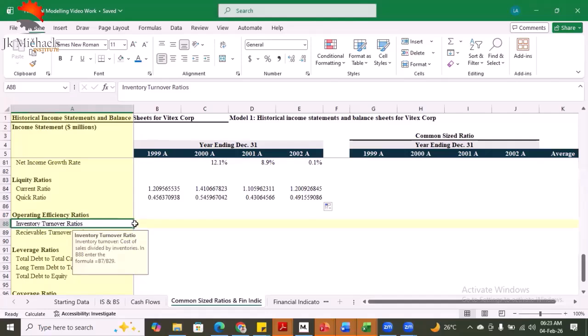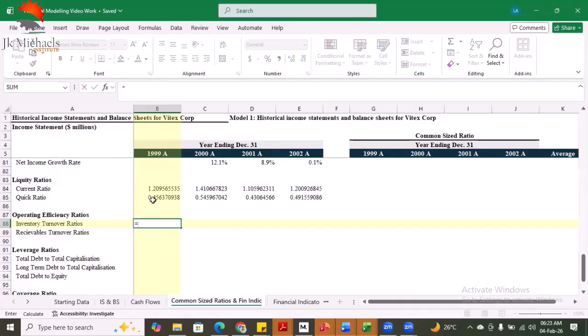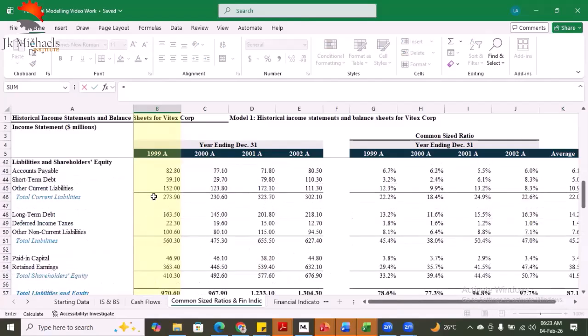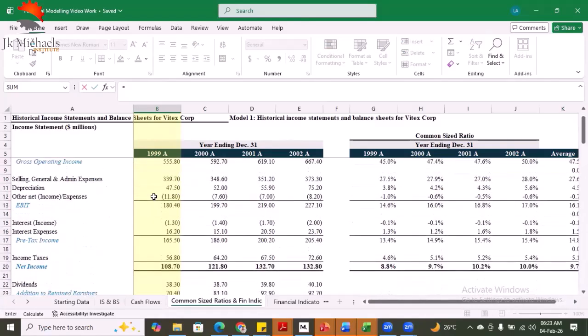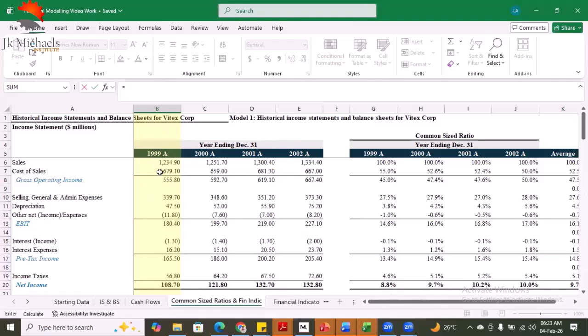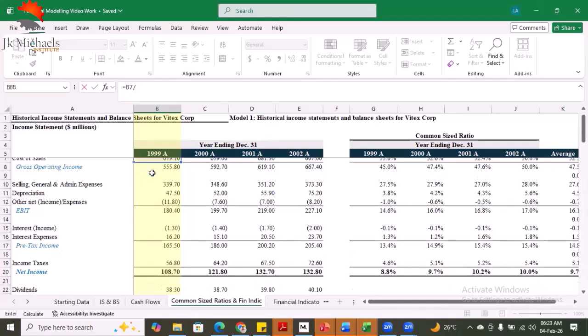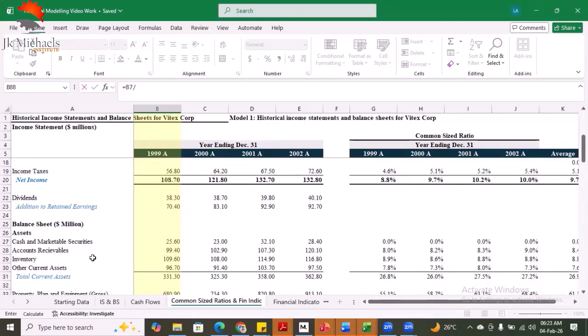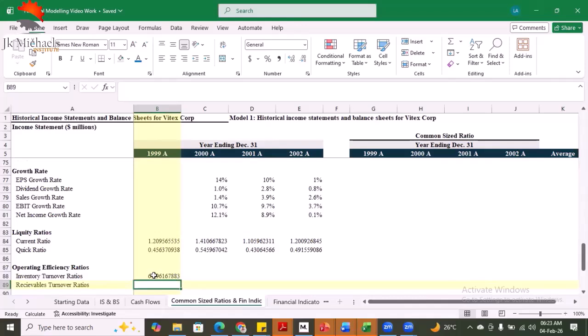So we'll take cost of sales, which is B7, and divide it by B29, which is inventory, right? And then we have this as our inventory turn.